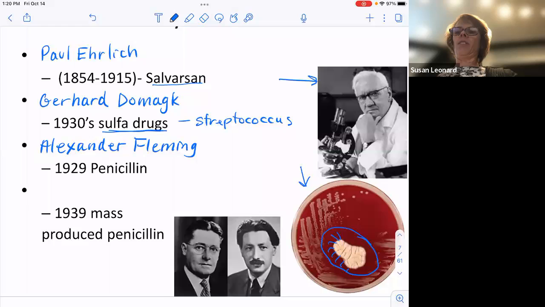And he set out to try to isolate the substance that he called penicillin, because this was a Penicillium mold. And he was able to isolate it, but he wasn't able to get a big enough quantity of it. He couldn't get the mold to produce enough to be useful to treat anyone. So he wrote it up in a paper, and then he moved on to something else.